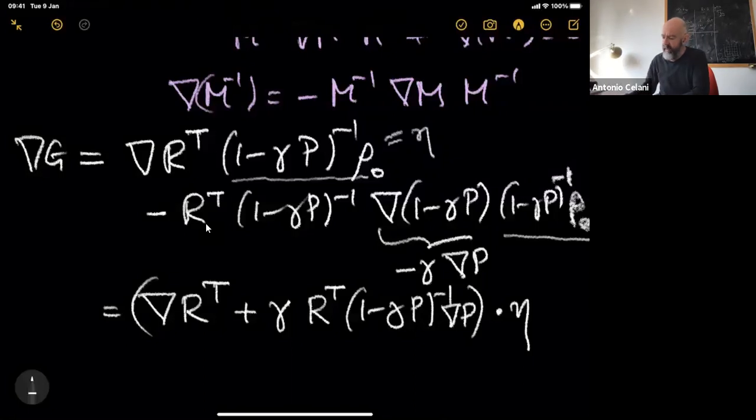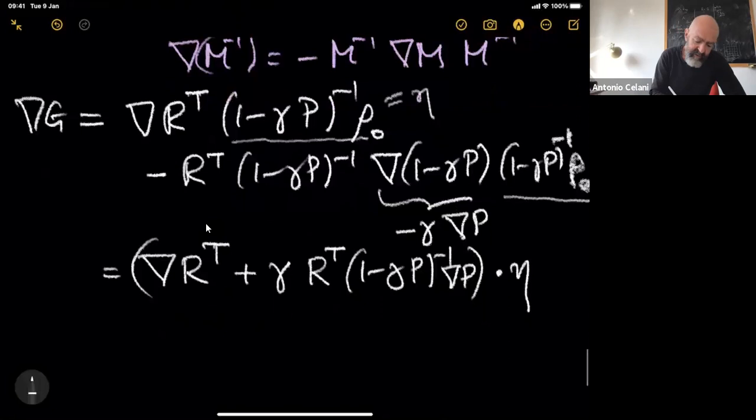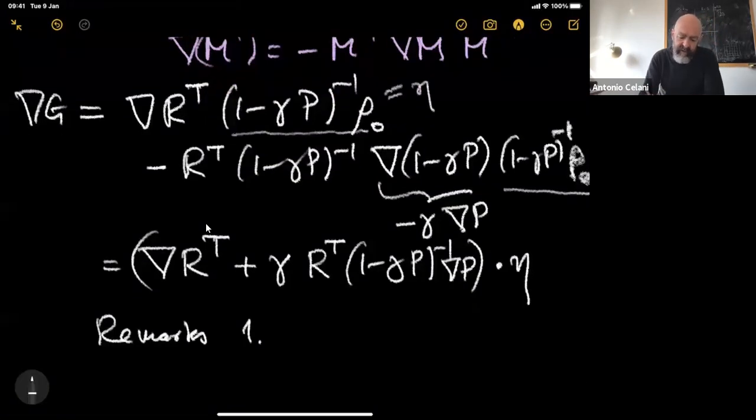So let's not hurry now. So two remarks. Remark number one. This object eta, what is it?